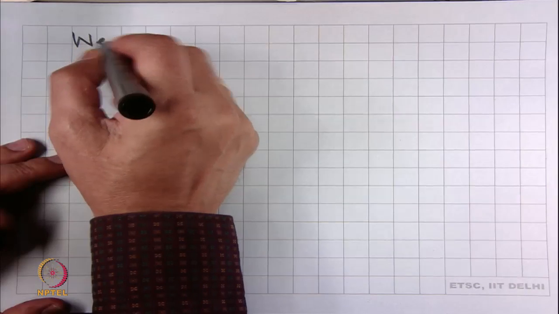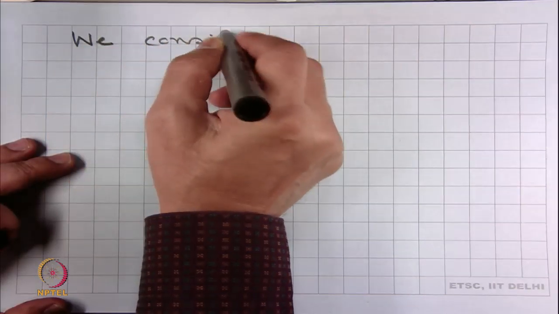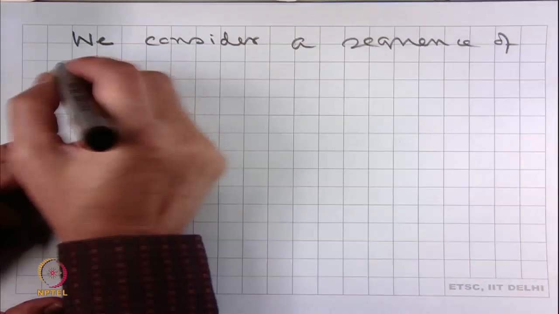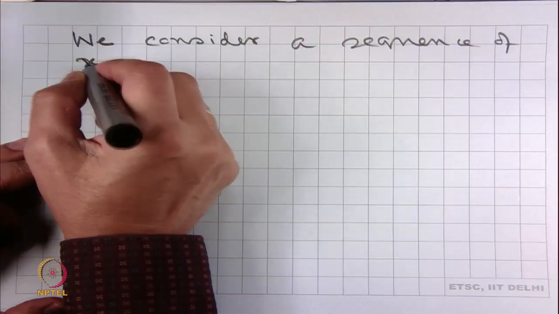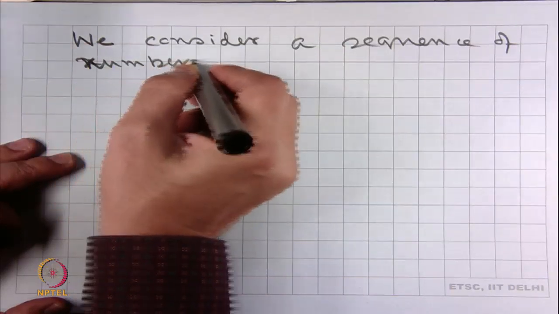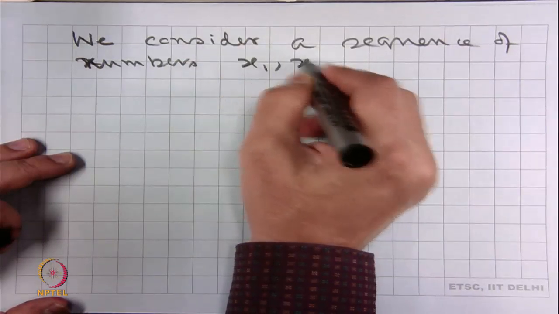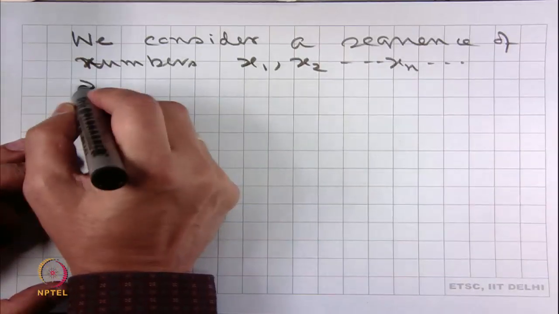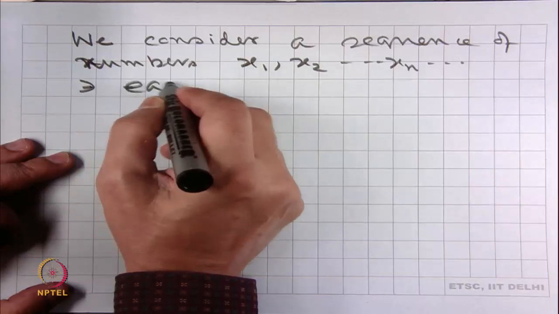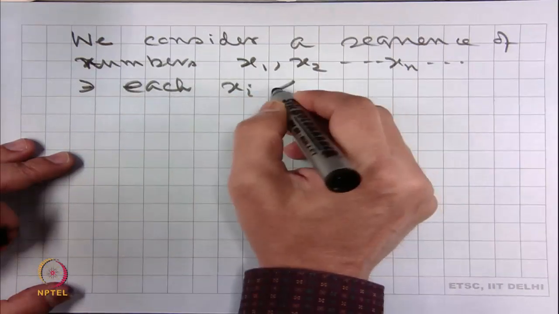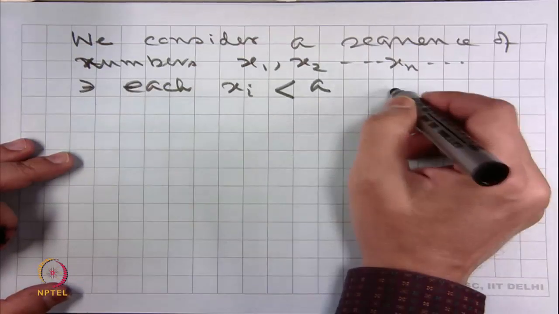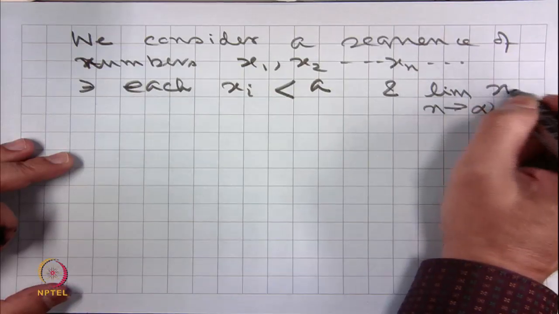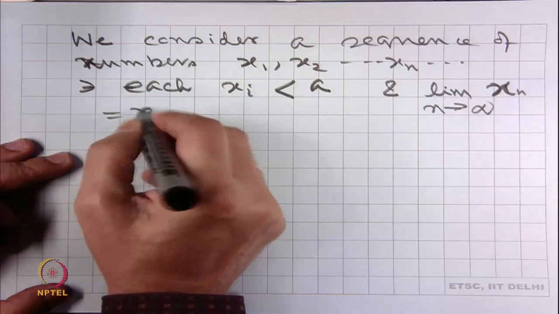We consider a sequence of numbers x 1, x 2, x n such that each x i is less than A and the limit as n goes to infinity of x n is equal to x naught.